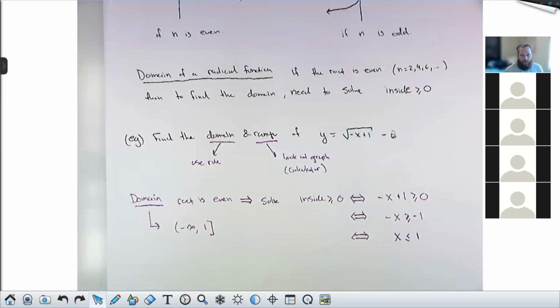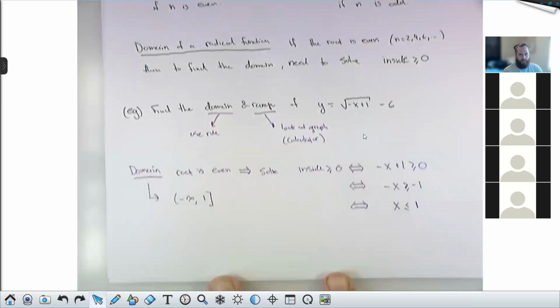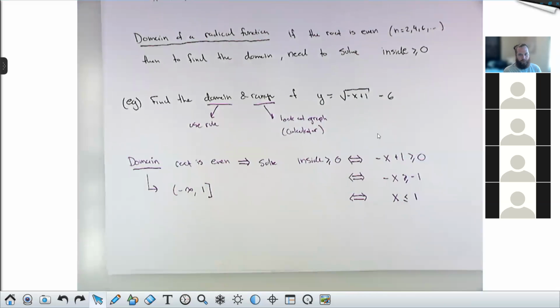This guy has no feelings one way or another about what you're plugging in for x. The only part of this expression that cares what x is the radical. And this radical will be happy as long as the stuff underneath is not negative and greater than or equal to 0. So we just set the inside of the radical greater than or equal to 0.